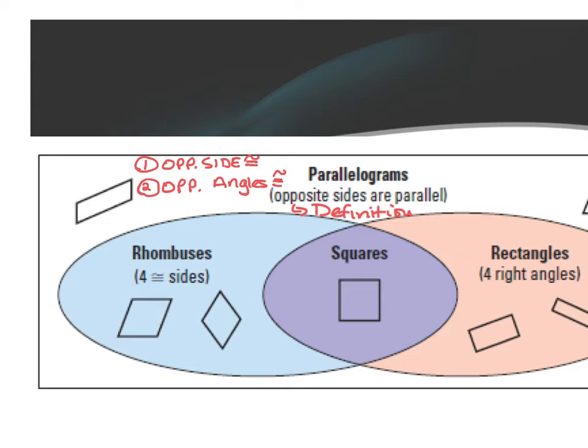And then we also learned that consecutive angles are supplementary. And then the fourth property: diagonals bisect each other.